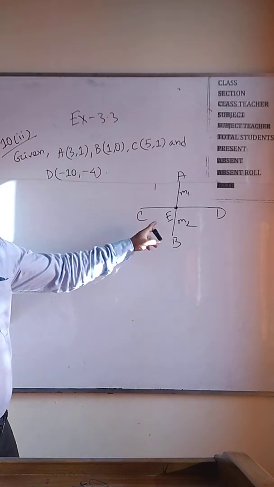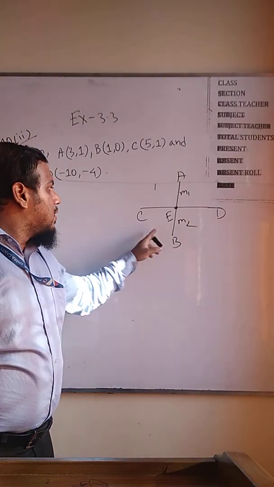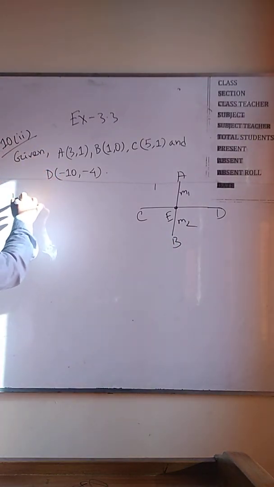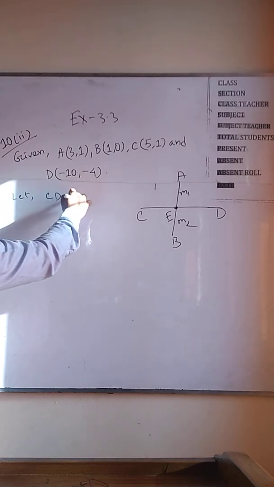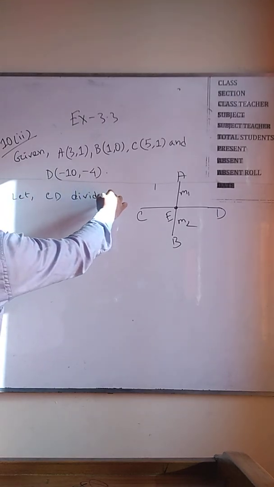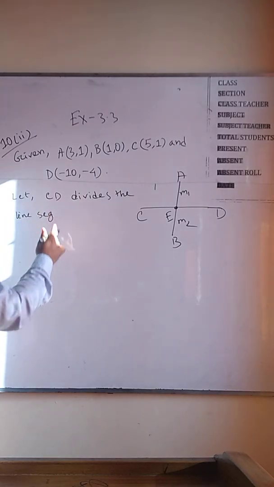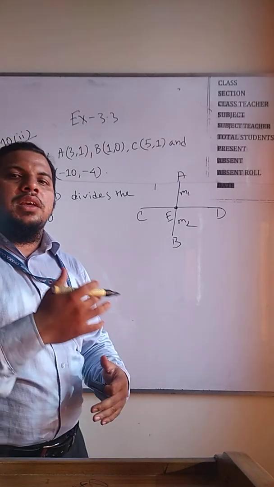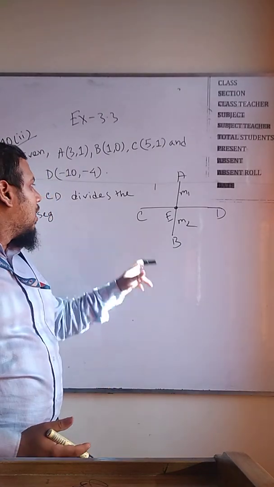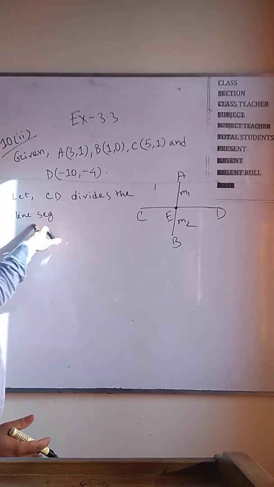We consider that CD divides the line segment AB, or you can directly say CD divides AB; it is not necessary to write line segment.